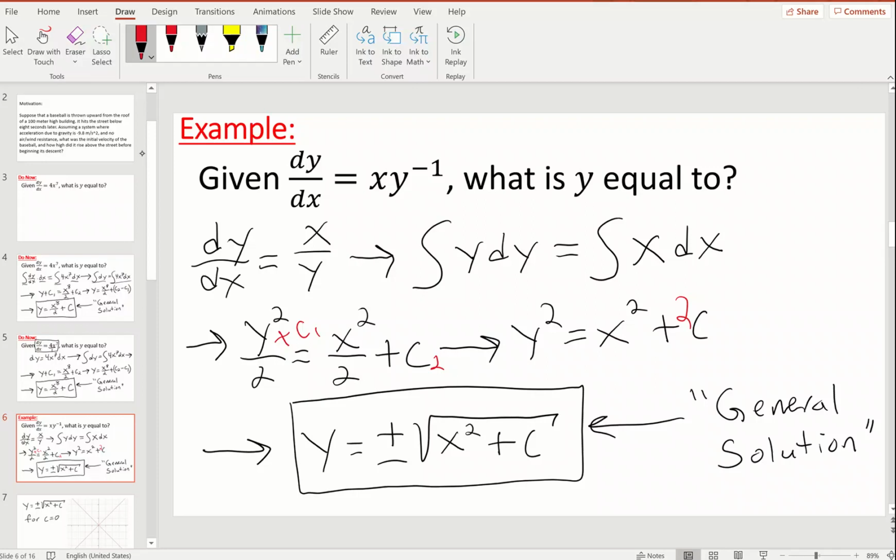Both of these branches are part of this general solution. And one interesting thing is that this c is no longer going to act as just a vertical shifter, because this c isn't just simply being added to the function x. It's actually underneath the radical, so it's part of the function itself.